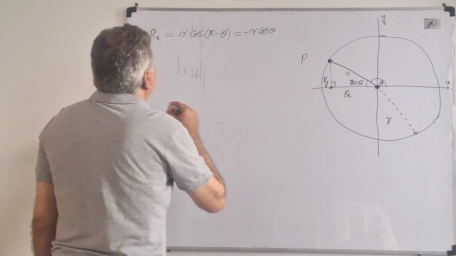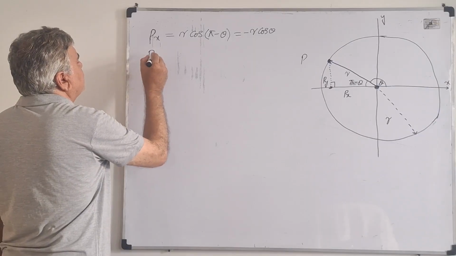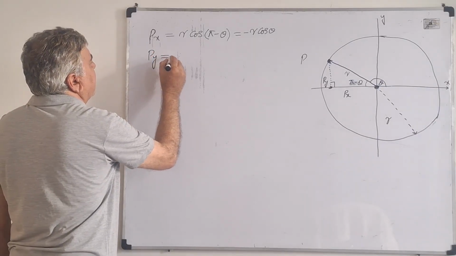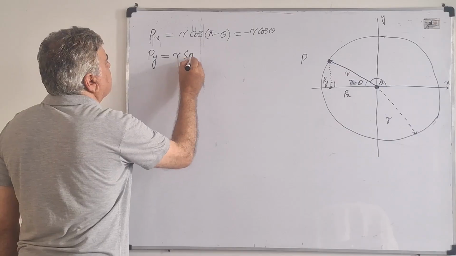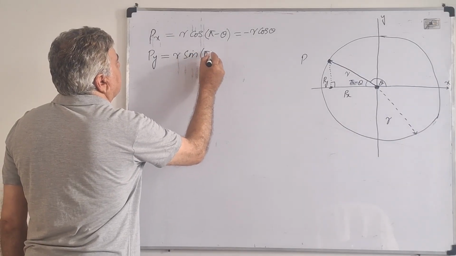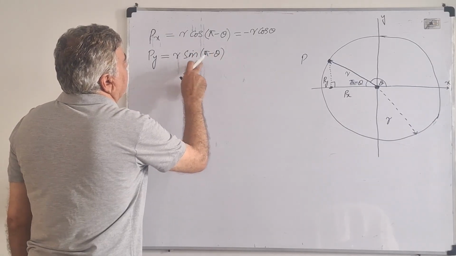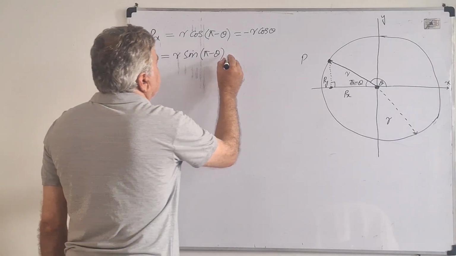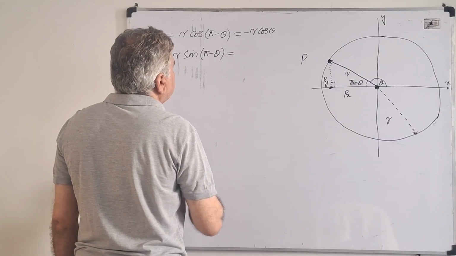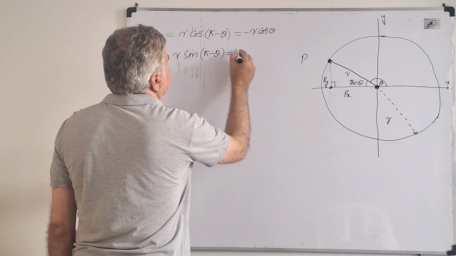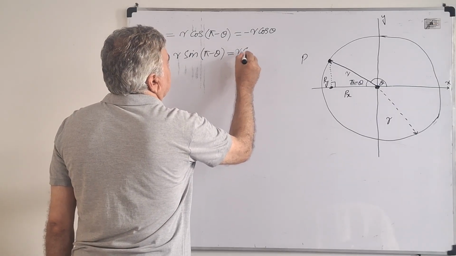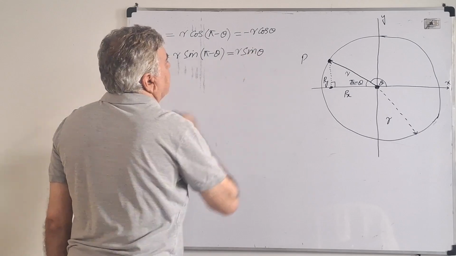And similarly for the perpendicular, using the ratio, I can write p sub y equals r sine pi minus theta, and we know sine pi minus theta equals sine theta, so I write this as r sine theta.